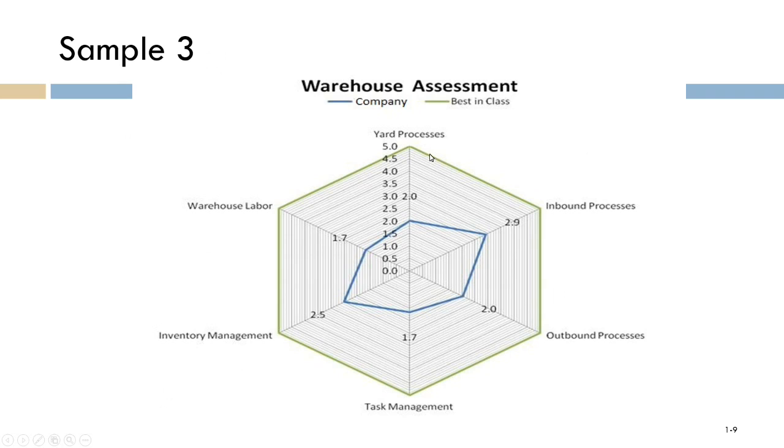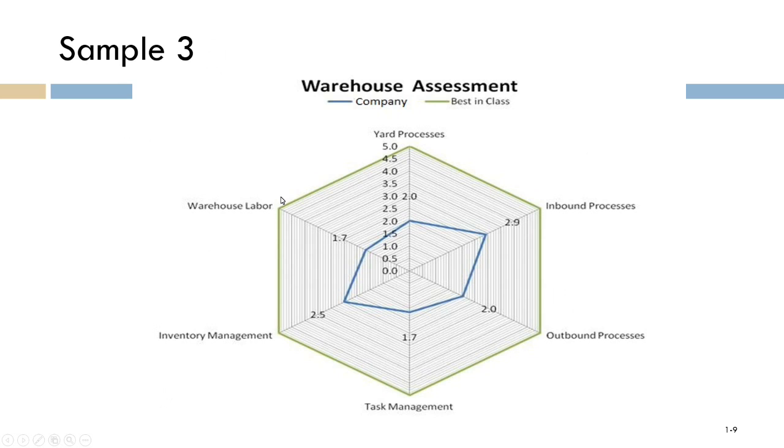I know what best in class is, but where do they get the definition of best in class for these particular metrics? Were they part of some trade association's definitions? I'd also ask why there is this big gap here. Who's the owner of warehouse labor, and why is there a big gap? If this really is a legitimate best-in-class measurement, why aren't we out there? What do we have to do to get there?